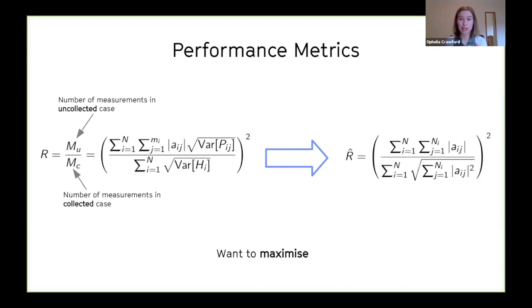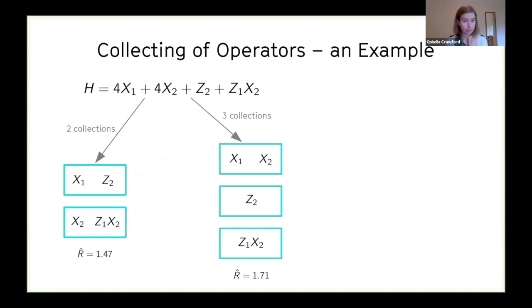This gives us a metric that just depends on the coefficients in the Hamiltonian, which we have access to a priori. So when I'm discussing different methods for collecting operators together, I'm going to be talking about it in the context of wanting to maximize this R hat metric.